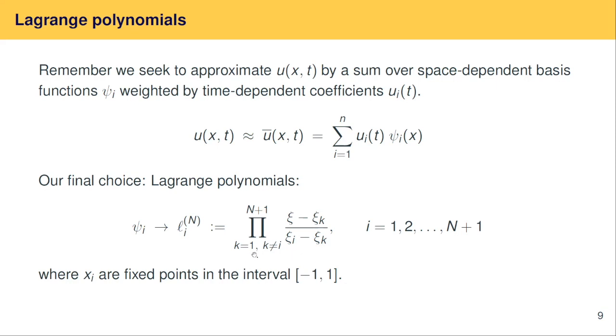And for an nth order polynomial, you are going from 1 to n plus 1. So what do they look like?